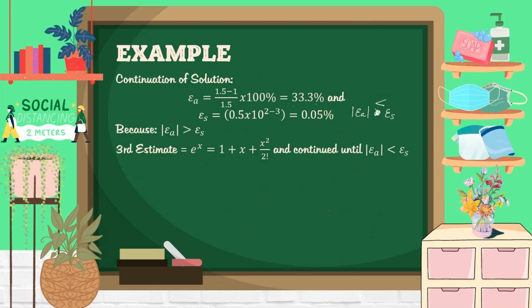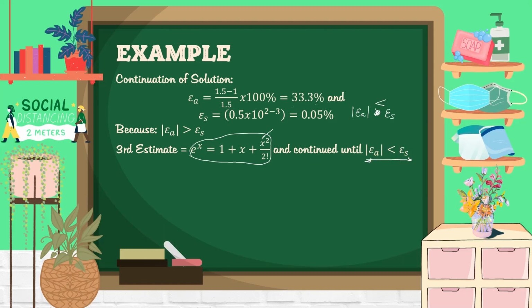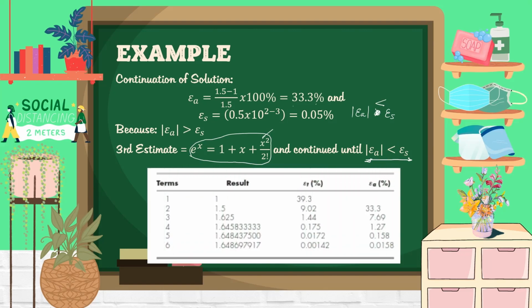Because of that, we still need to have the third estimate, including the third term. So, isasama na natin yung ating third term and continue until yung ating absolute epsilon sub A is less than epsilon sub S. So, the entire computation can be summarized as shown in the table.